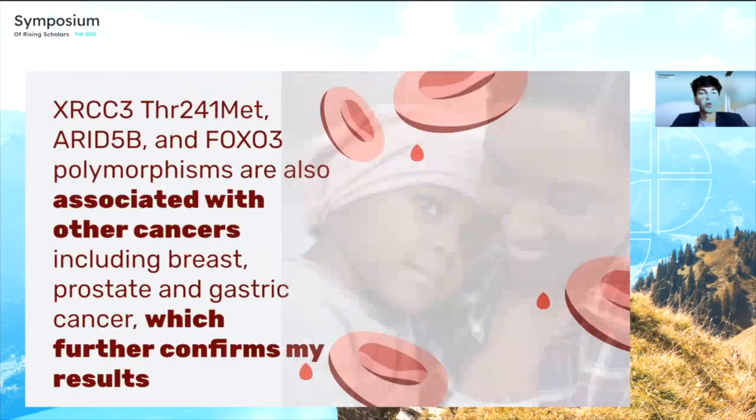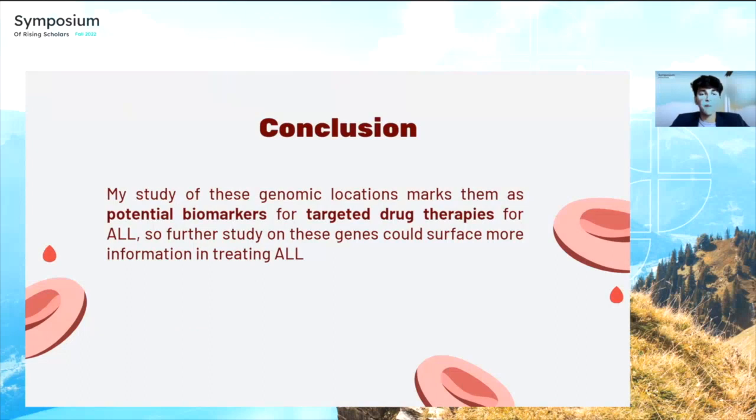XRCC3 THR241 MET, ARID5B, and FOXO3 polymorphisms are also associated with other cancers, including breast, prostate, and gastric cancer, which further validates my results and implicates their role in cancer susceptibility. So currently, there are not many targeted drug therapies for ALL, and none of them are specifically suited for the polymorphisms I studied.